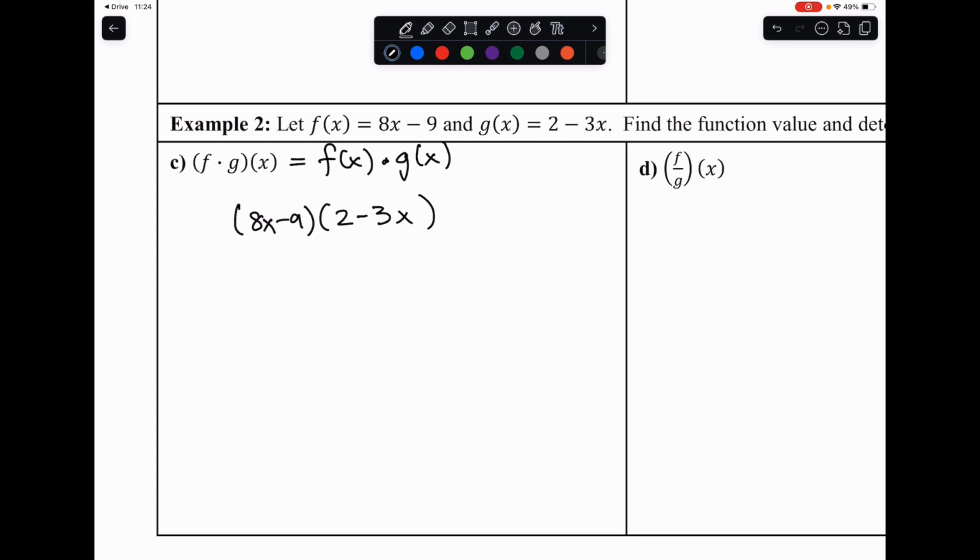So I'm going to use parentheses to group them. This is f, this is g, and we're simply going to multiply. And this again requires just distribution or FOIL.